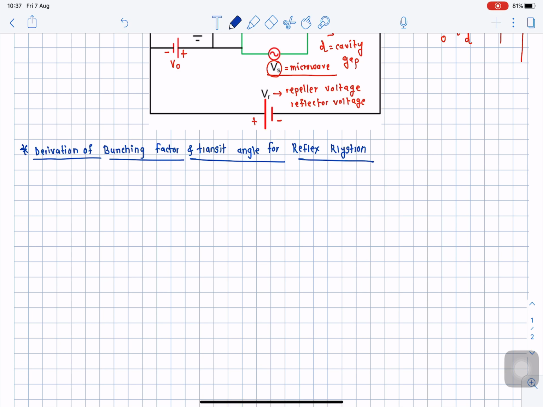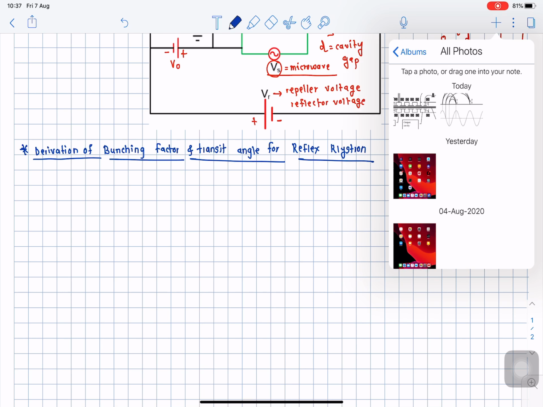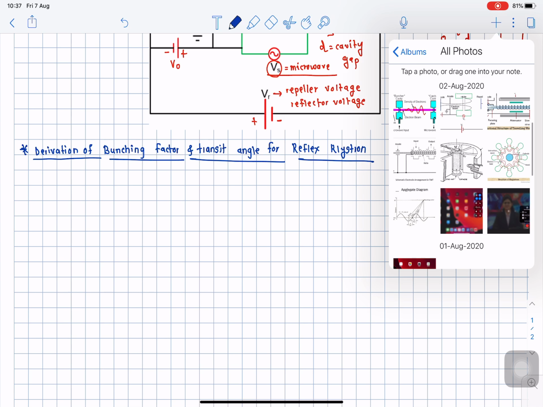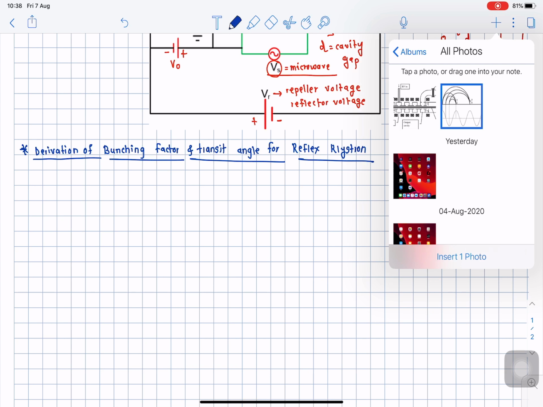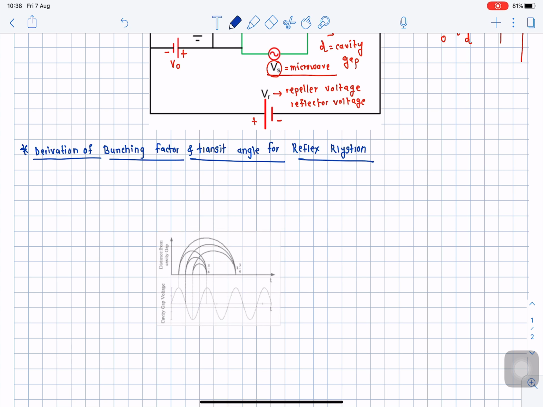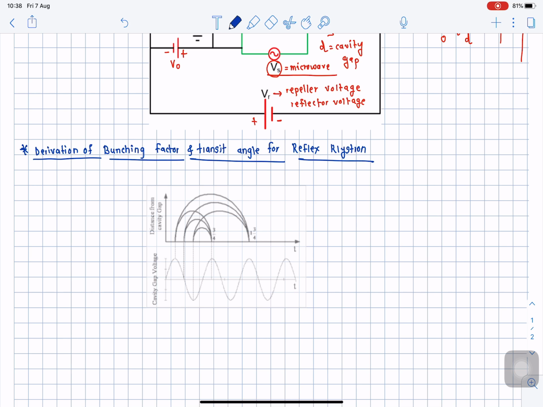This is essentially the same as the velocity time diagram that we saw in the case of the two cavity klystron, right? So the velocity time diagram for the two cavity klystron, I will insert that. Okay, so here I will briefly illustrate how this particular velocity time diagram happens for the reflex klystron. Let us say here I will denote with a red color the signal which is sinusoidally varying.